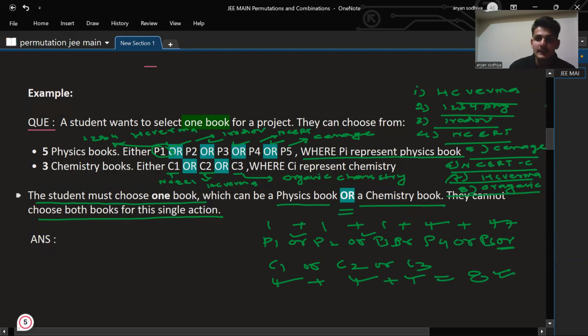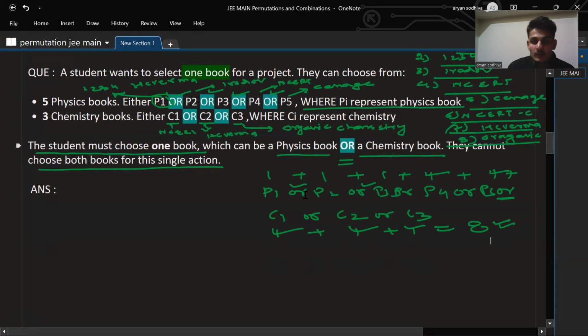So one task is given. Okay, that's why I've taken this question, because previously, as we were discussing generally, it gets a little difficult to understand. But when we take an example, it becomes quite simple. Okay, so here 8 ways are there. I will make it even simpler.